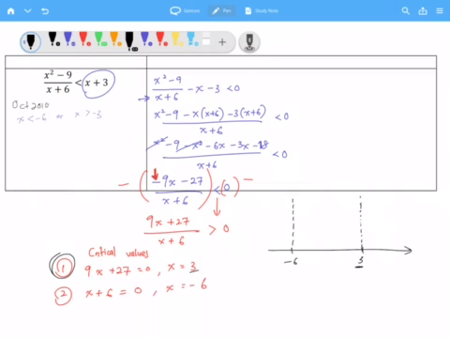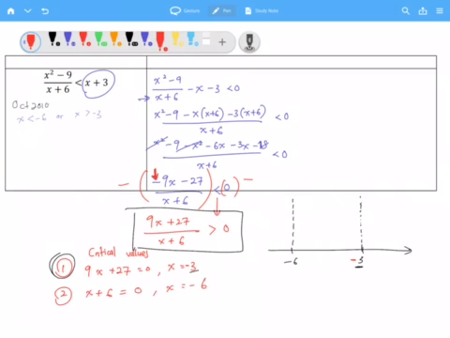Okay, if we substitute 3 into this equation here, which equation am I referring to? This equation here. If we substitute 3 into that equation, oh sorry, it's not +3, it's -3, my bad. But still, negative 3 is bigger than negative 6.